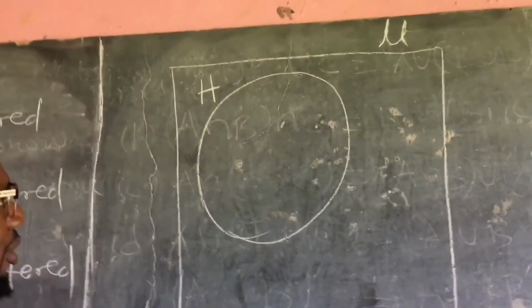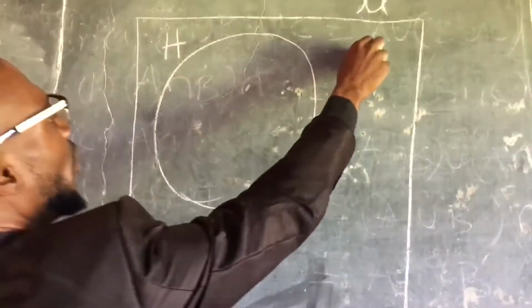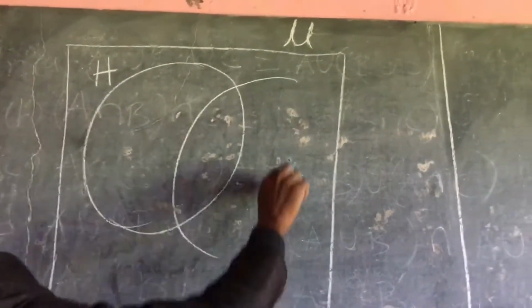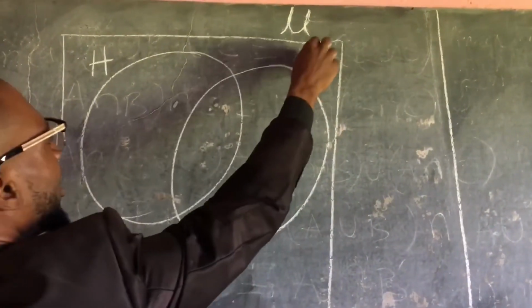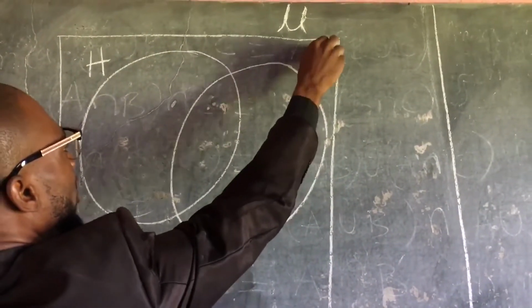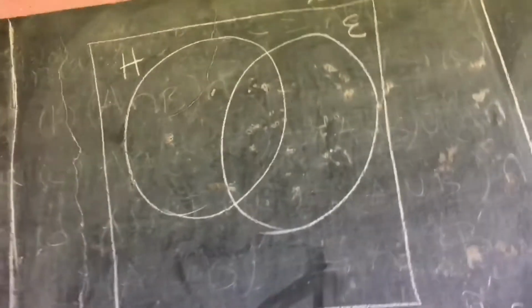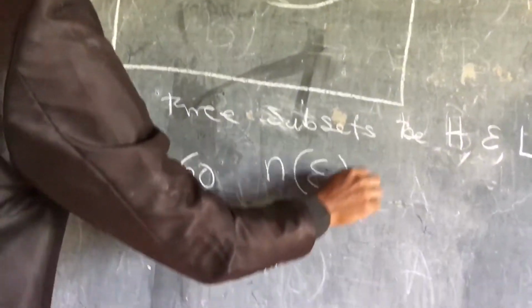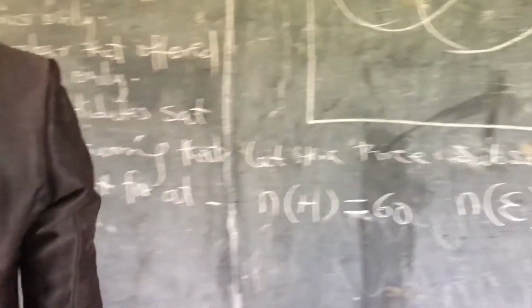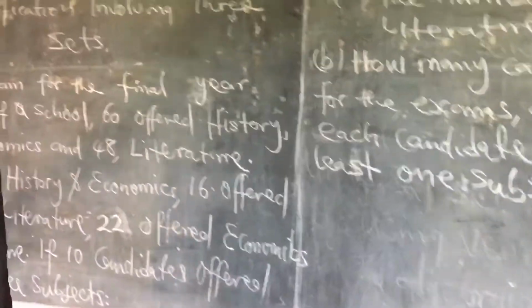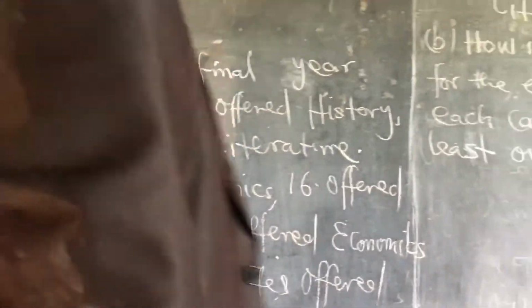That is what that one is. So the next one we have is this one, which is economics. And for economics, they tell us 50 offered economics.